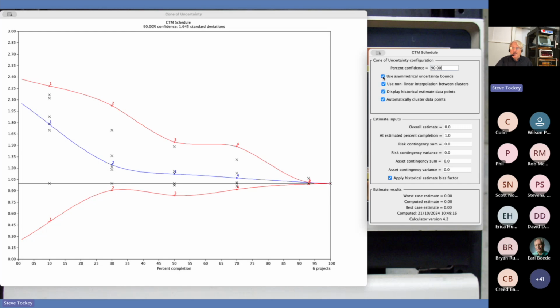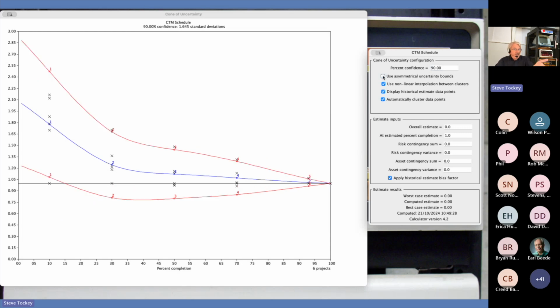Now, the next input here: symmetrical, asymmetrical. It's in asymmetrical mode right now because that's the default. So it's using different standard deviations above the mean and below the mean. If I click that off, now it's in symmetrical mode. Now it's just done the standard deviation across the entire range and then added n standard deviations to get the upper and subtracted n standard deviations to get the lower.